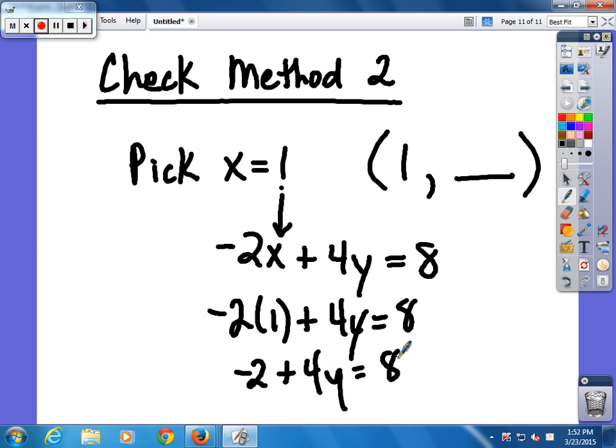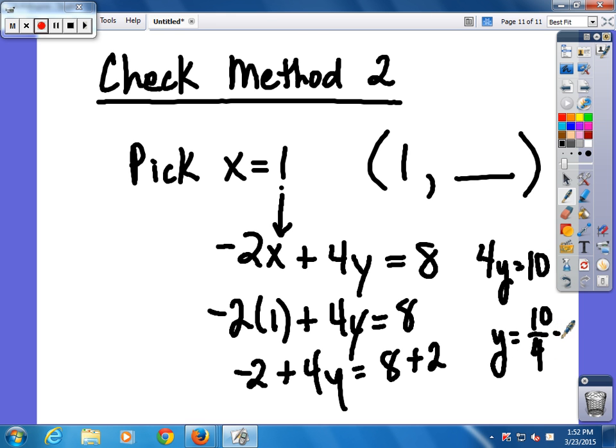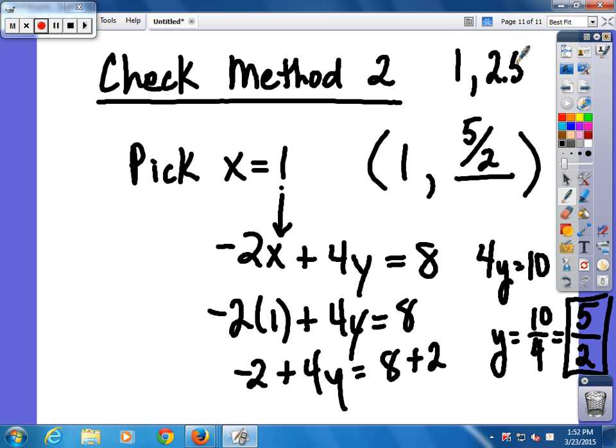And what I do with that 2? That'd be a plus 2. And 4y is equal to what? 10. Y is equal to 10 divided by 4, which is equal to what? 5 over 2. So what is my y? 5 halves, which that's 1 and 2.5.